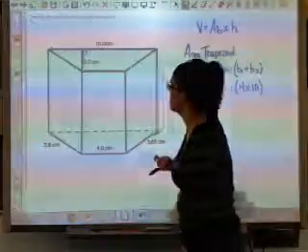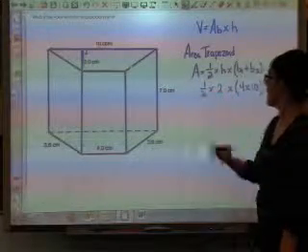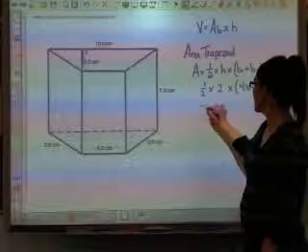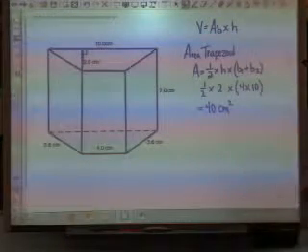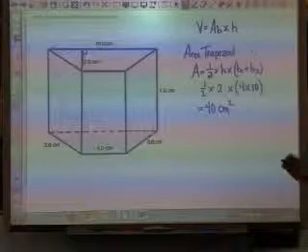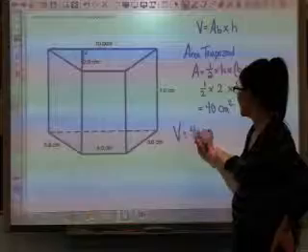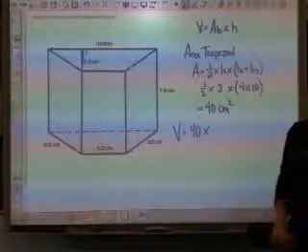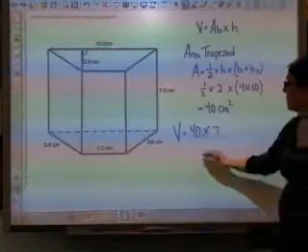That's this measurement right here. So that's 2 times 1/2. Multiply those three measurements together and I get 40 square centimeters. So then the volume of my trapezoid is going to be the area of the base times the height of the prism. The height of the prism, 7 centimeters.